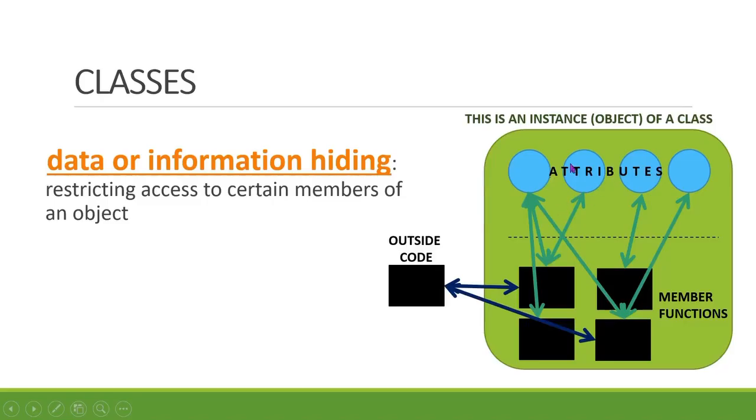The only functions that can access these data members or attributes are the member functions that also are members of this class. Then outside code can access those data members, but only through calling the member functions of the class.